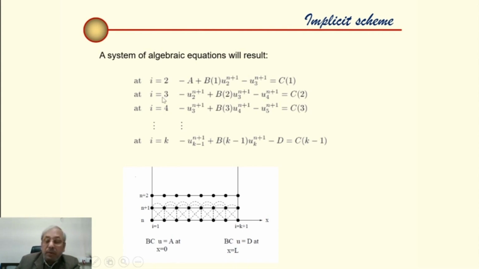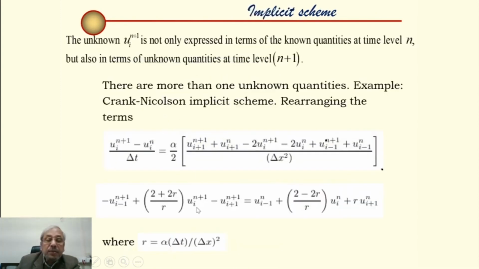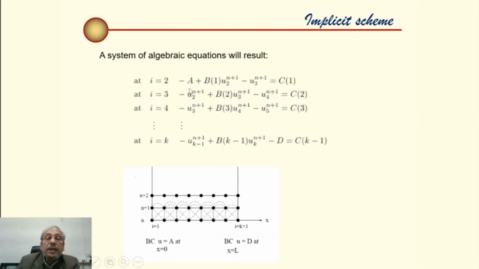Similarly, at i equal to 3, if we substitute, we will get here u2, u3, u4, at the n plus 1th level, and the associated signs and coefficients we can write. So if we keep moving from i equal to 1, 2, 3, 4, etc., up to i equal to k plus 1, which may be the last point.